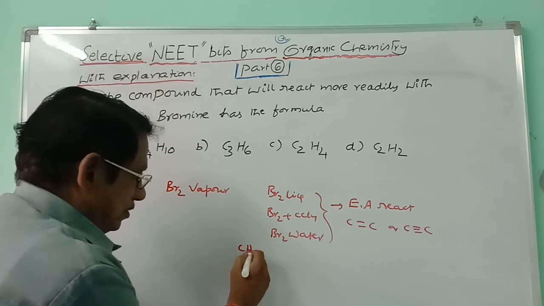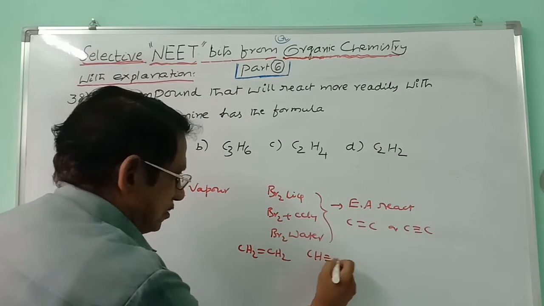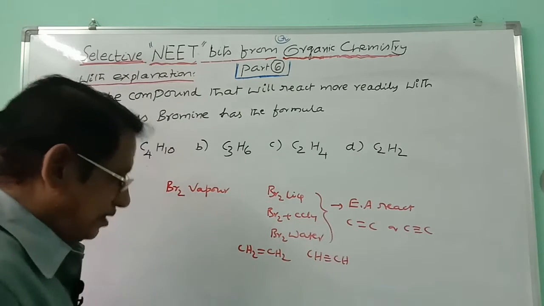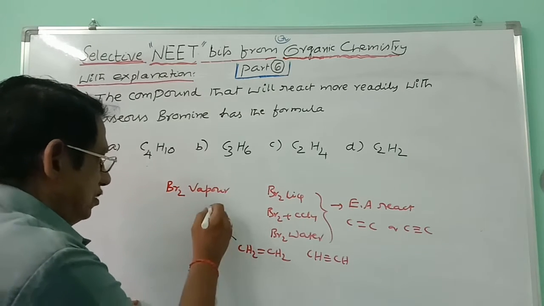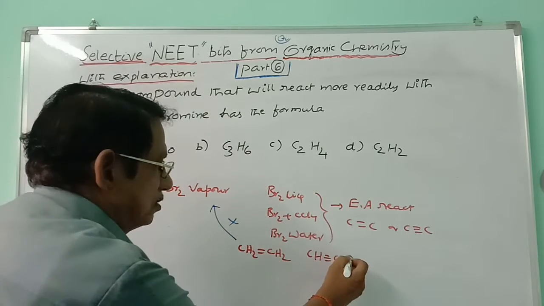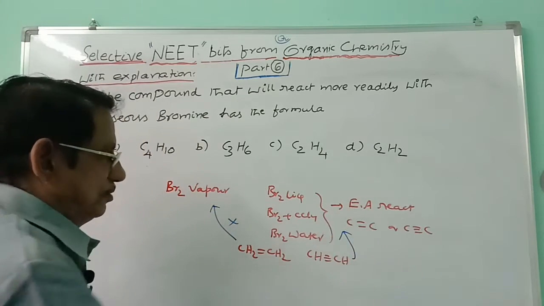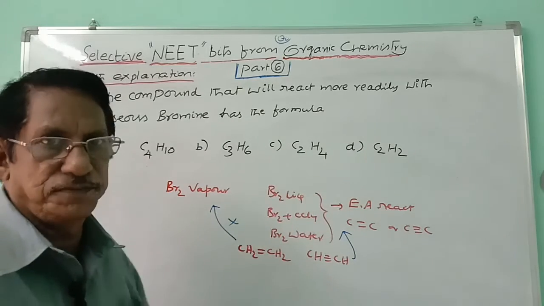Ethylene, CH2 double bond CH2, and acetylene, CH triple bond CH, these two will not react with bromine vapor. Electrophilic addition will be taking place with the others, but this reaction will not be taking place with vapor. These two are not correct answers.